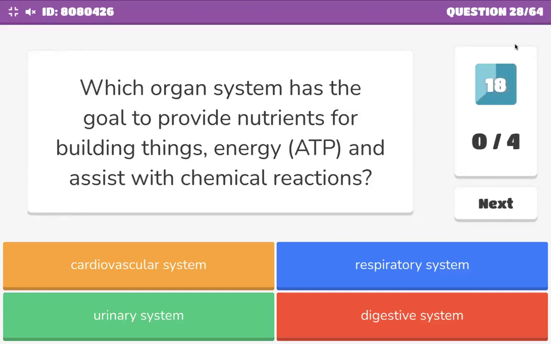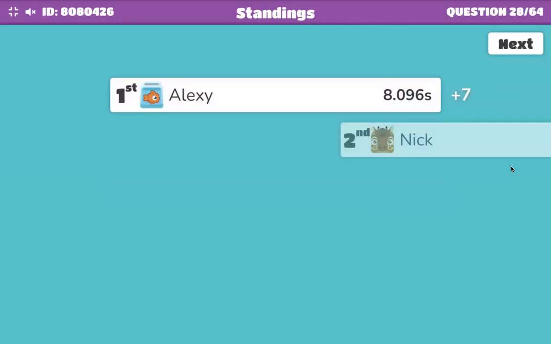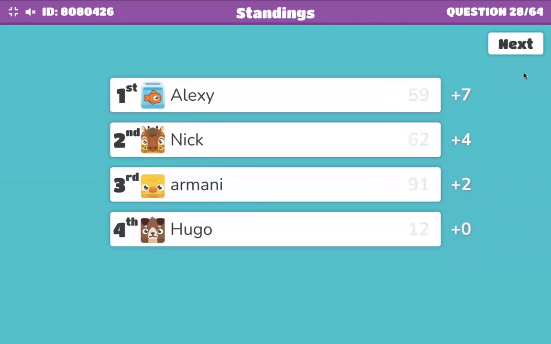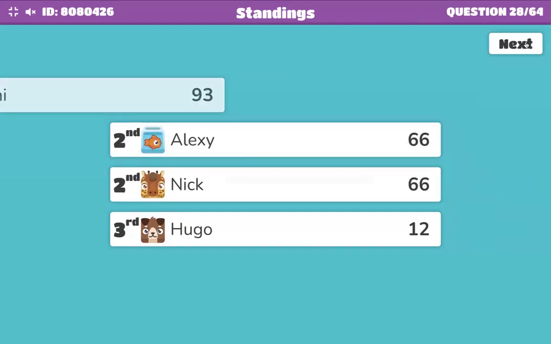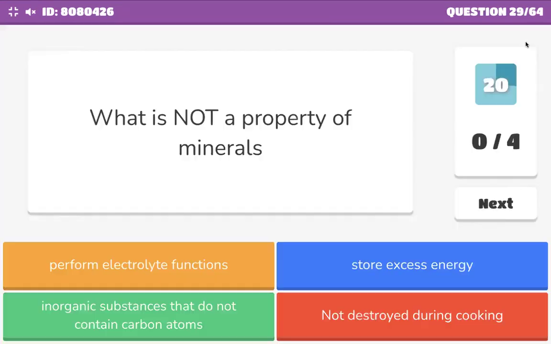Which organ system has the goal to provide nutrients for building things, energy, and assist with chemical reactions? Yep, digestive system. What is not a property of minerals?